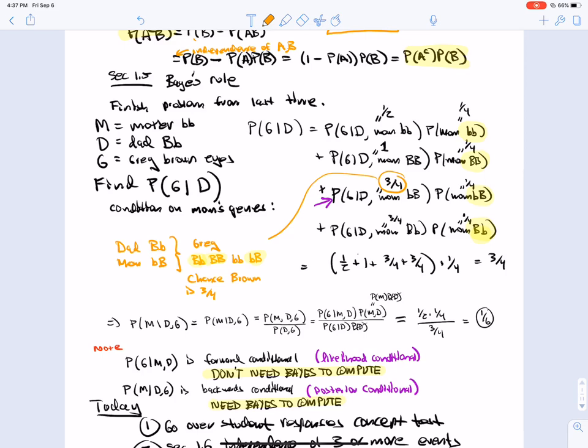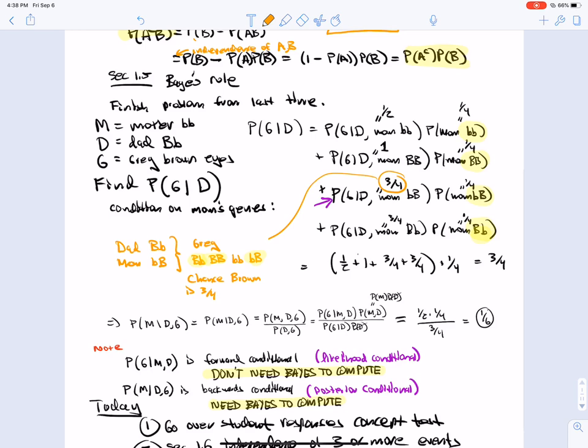So they're going to weigh equally the probability of Greg having brown eyes, given the dad being heterozygous and the mother being whatever it is that she is. So we're adding up here 4 conditional terms, and that all adds up to 3/4.